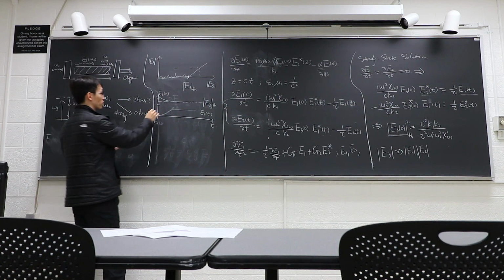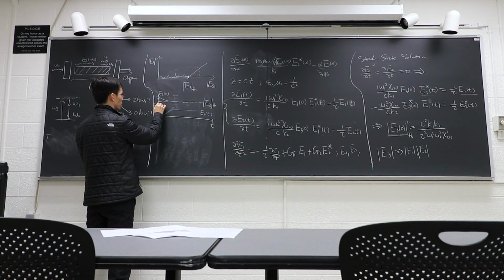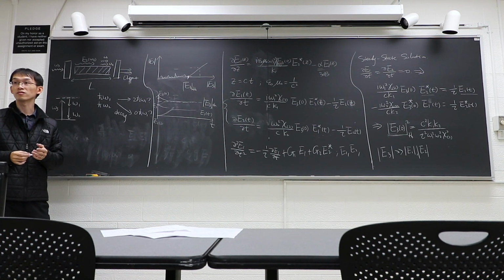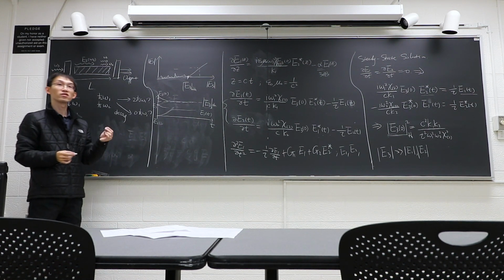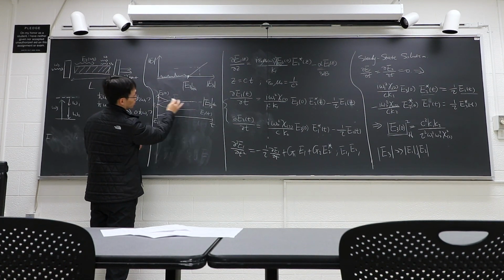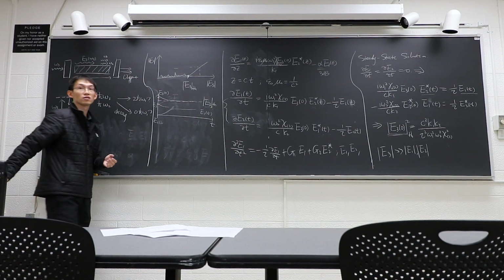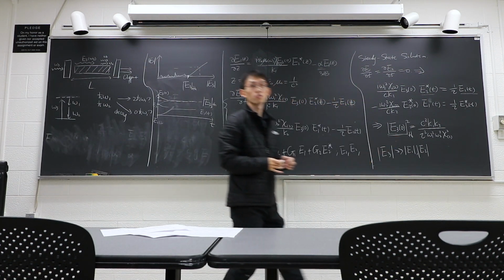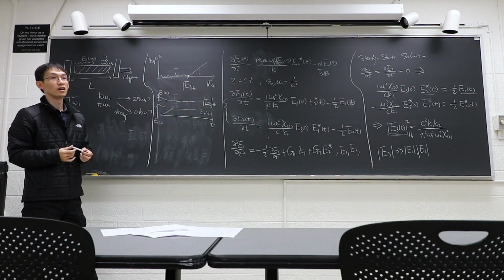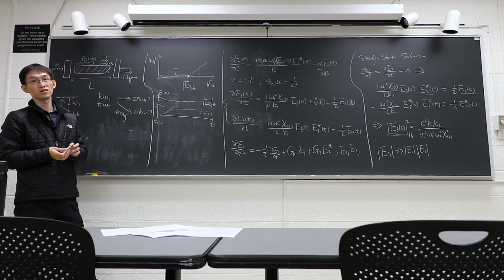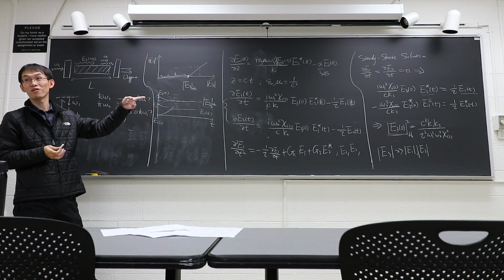If you start E3 from here, it will only decrease. It will not increase to this steady state level. So if you can have laser operation, it must start at a position higher than this threshold, higher than this level. So that's why we call it threshold. And you can already see this argument is not perfect. It's oversimplified a lot of things, but that is actually the correct threshold.